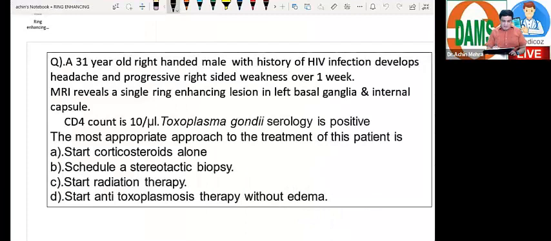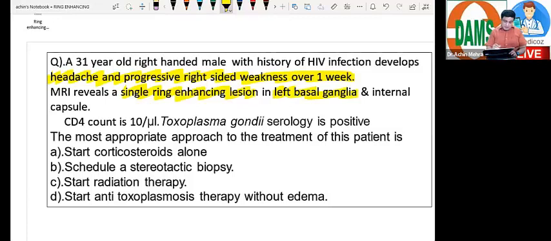A 31-year-old right-handed male patient has a history of HIV infection, and this particular patient develops headache and progressive right-sided weakness over 1 week. The MRI reveals a single ring enhancing lesion in the left basal ganglia as well as the internal capsule.